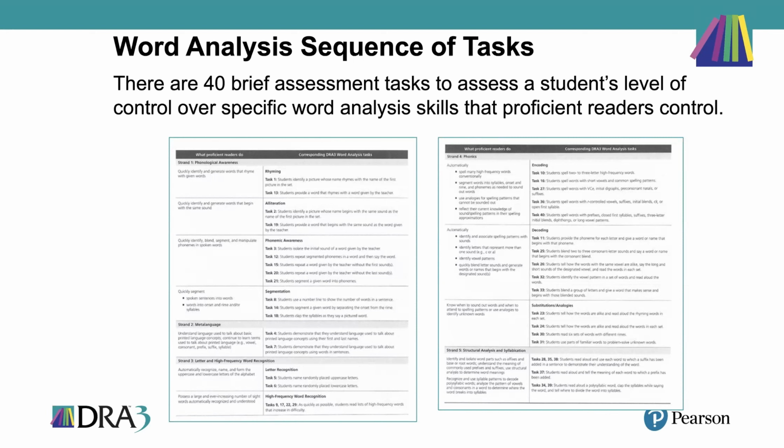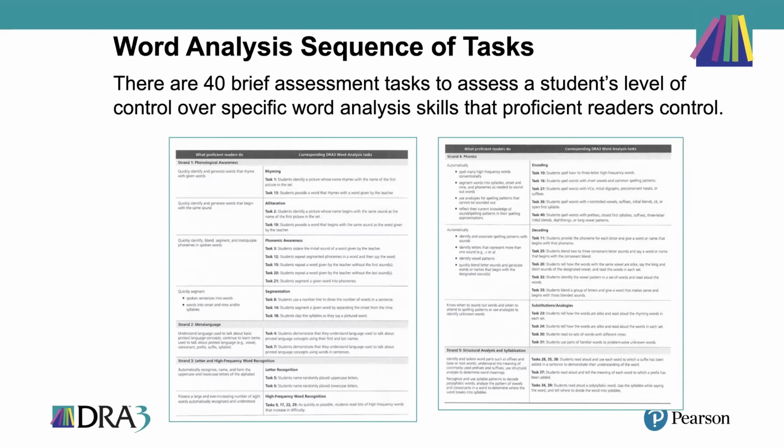For example, a teacher asks the student to point to an uppercase letter or the first letter of a specific word in a sentence. In the letter and high-frequency word recognition section, students are assessed in their ability to recognize, name, and form upper and lowercase letters, as well as to read high-frequency words.